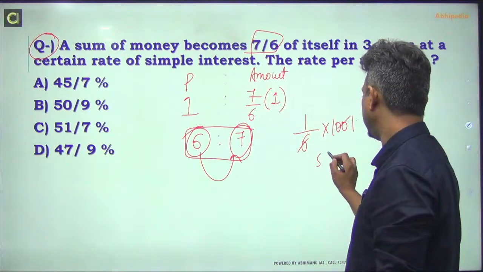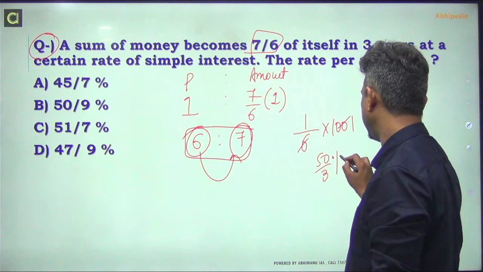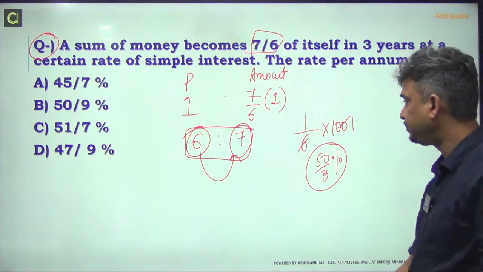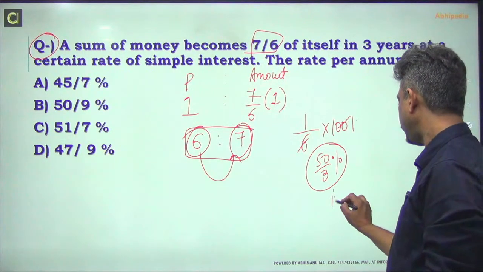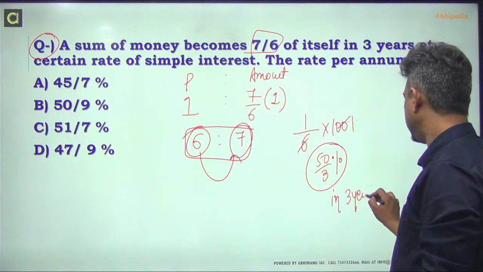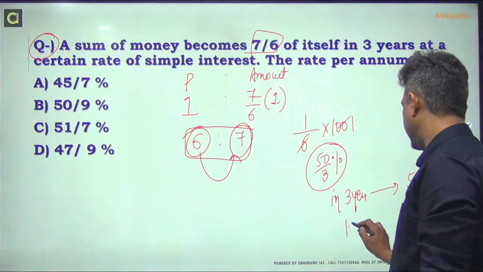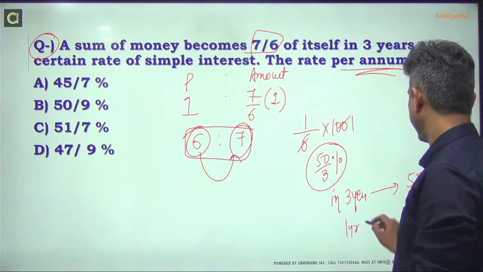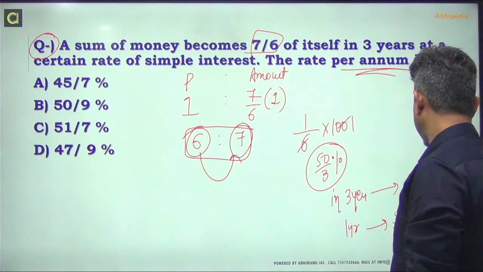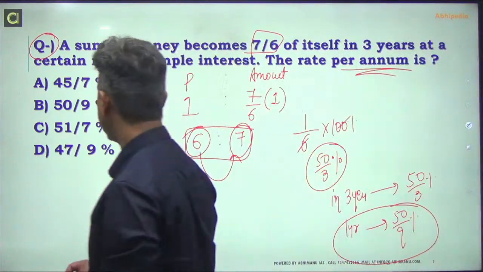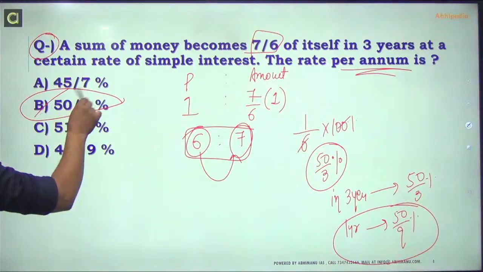What is it? 50 by 3%. So in 3 years we are getting 50 by 3% interest. In 1 year, because we have to find the value per annum, how much? 50 by 9%. Is that clear? Option number B is the right answer.